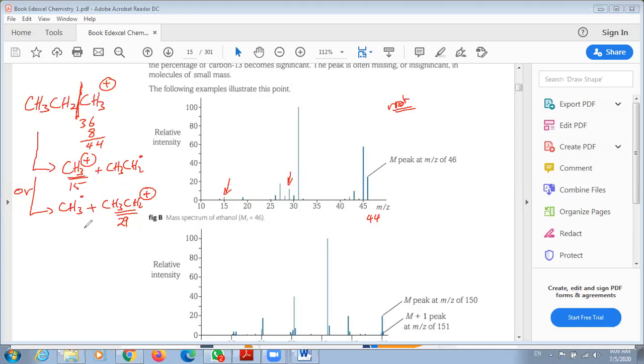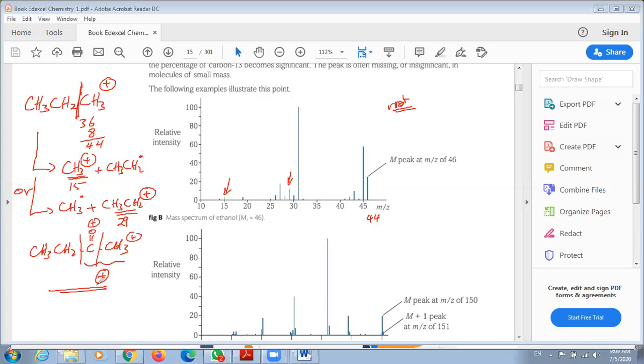For example, if you have CH3CH2C double bond O CH3, you make the fragmentation here and you have either this as positive or this as positive, and then you make another fragmentation here and this altogether is a positive. You calculate its molecular mass. So you see every peak from here corresponds to a fragmentation in your molecule.